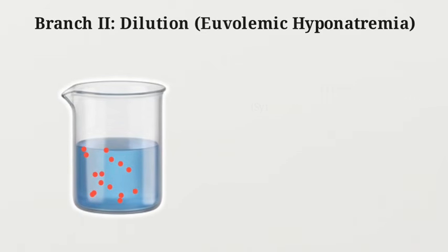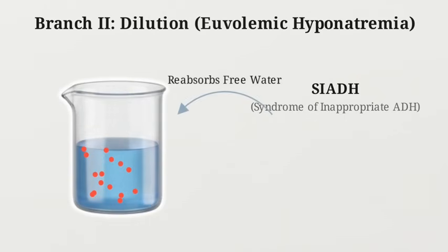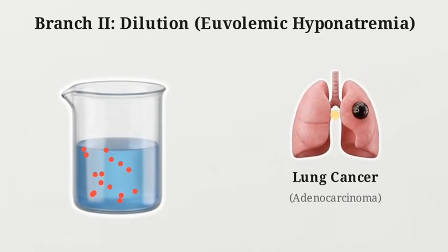The dominant driver of this diluted state is the syndrome of inappropriate antidiuretic hormone, or SIADH. SIADH triggers the continuous release of ADH, forcing the kidneys to reabsorb free water back into the bloodstream instead of excreting it. A critical trigger for SIADH is lung cancer, specifically adenocarcinoma, which can ectopically secrete ADH.